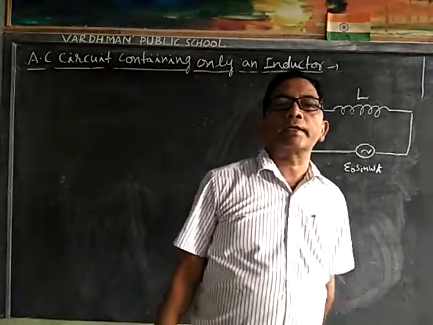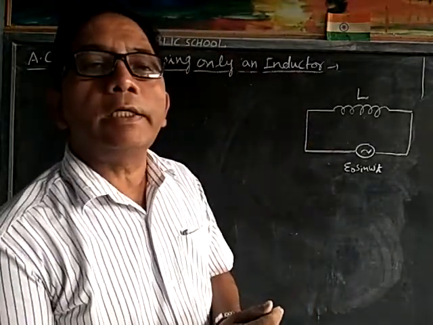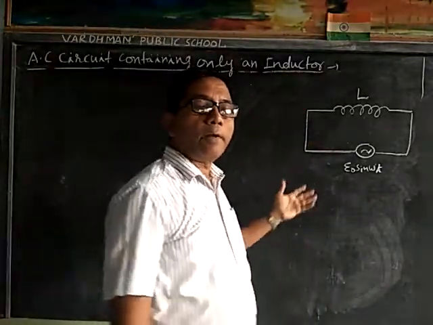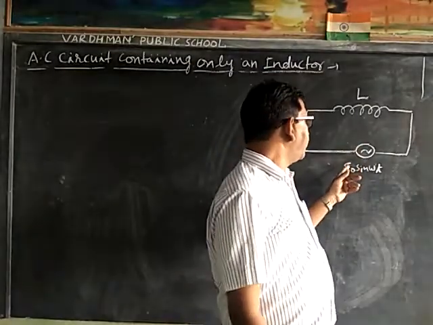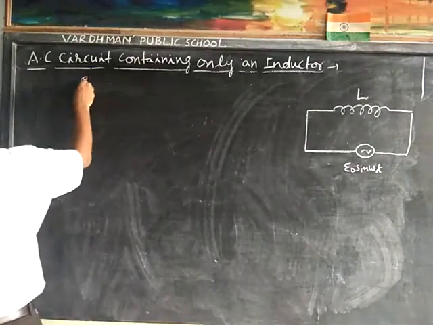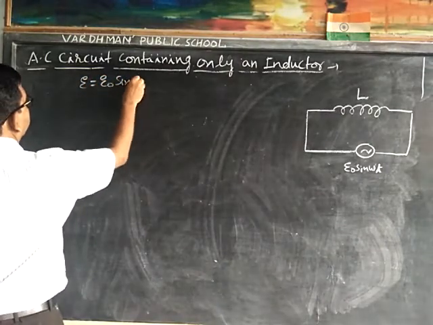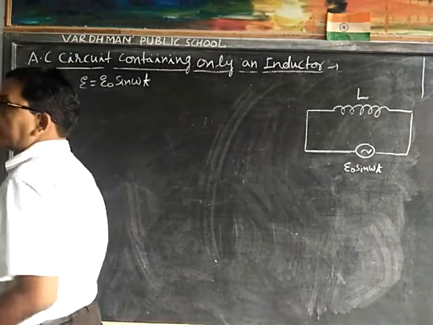Consider an inductor of inductance L connected to a source of alternating EMF E, which is given by E is equal to E0 sin omega t.